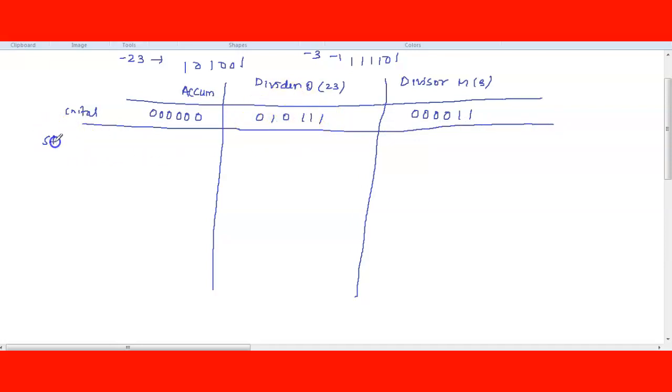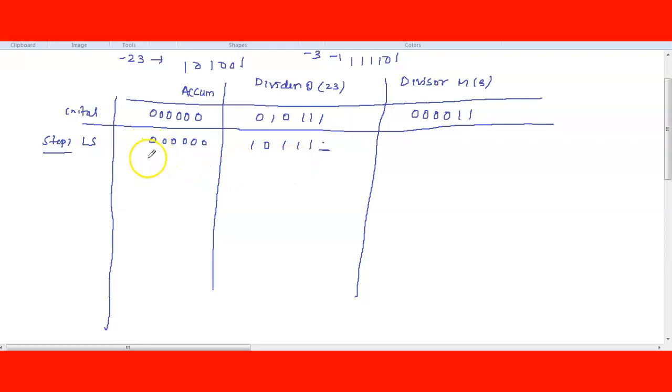So step 1, left shift. Here you write the comment: left shift. So you write 0 0 0 0 0 0, and this is 1 0 1 1 1, and this bit is empty.